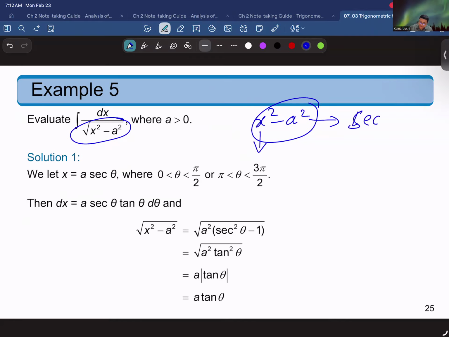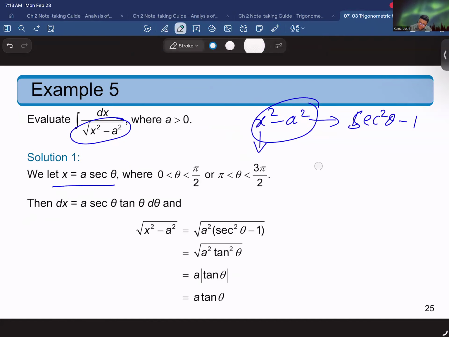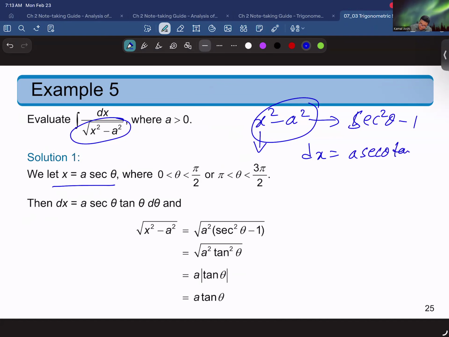The identity that comes to mind is sec square theta minus 1, because it's x square minus a square. So that's what we do, x equals a sec theta, and dx would be a sec theta tan theta d theta, right?